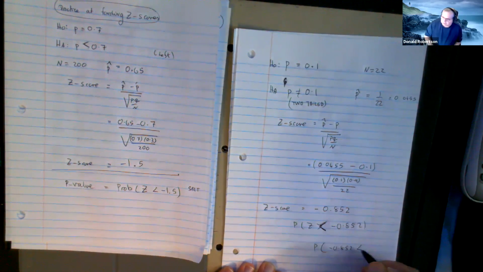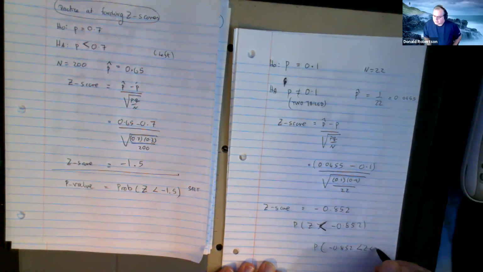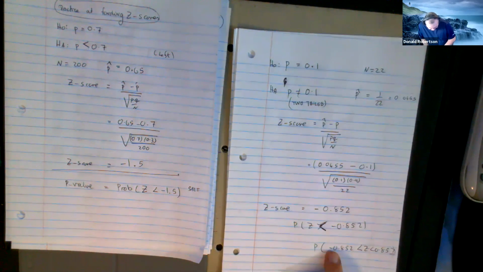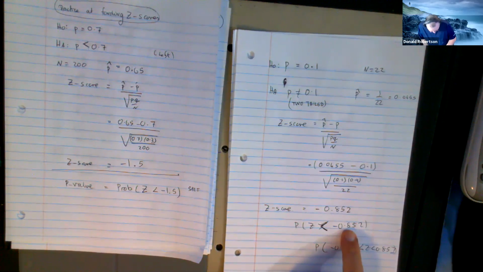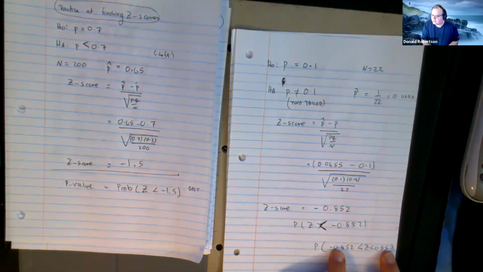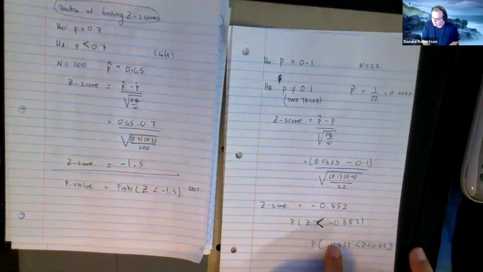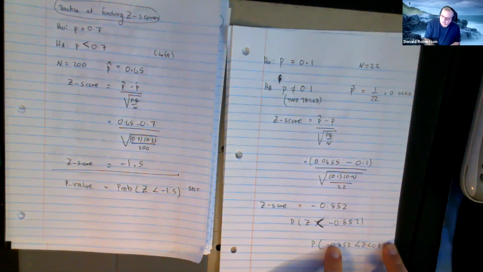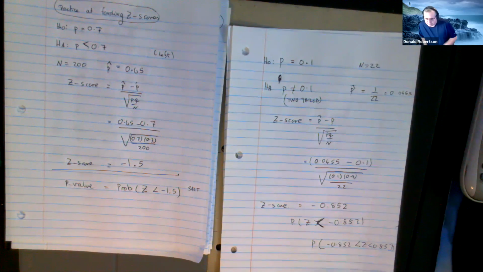Because when you pick a two-tailed, you get both numbers. So you just got to remember when you do a two-tailed, I don't care what that number is, whatever it is, make sure the other guy is on the other side. So if it's negative, make sure you put in the positive one. If it's positive, make sure you put in the negative one, and that will get you the correct p-value.